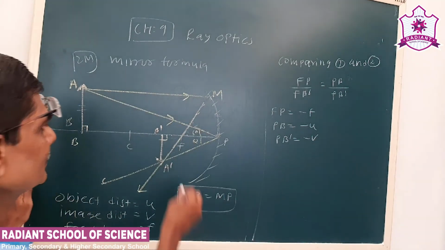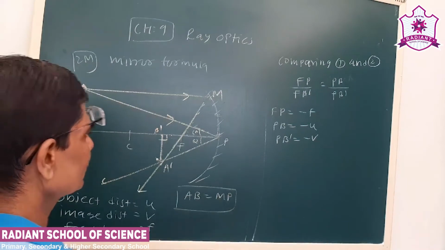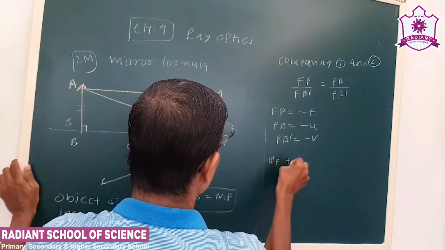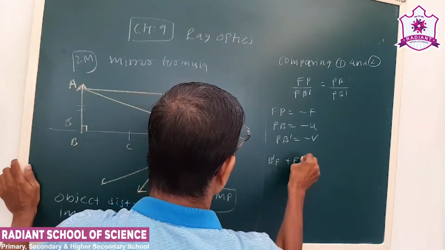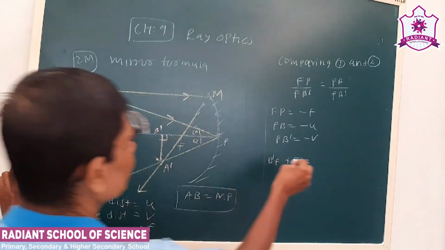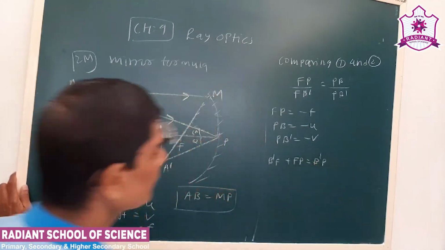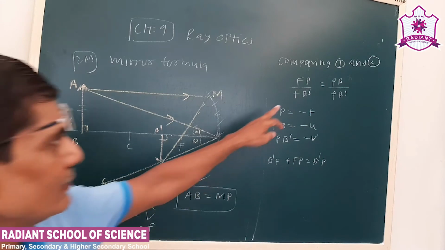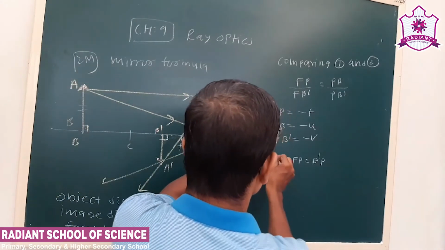Now this is a straight line, they are collinear points, so we can say B'F plus FP is equal to B'P. Now B'F or FB' we have to find out.